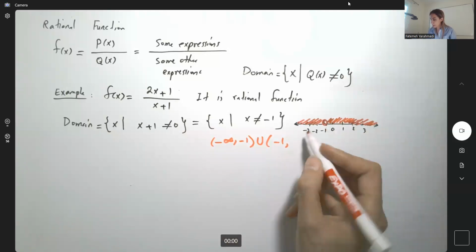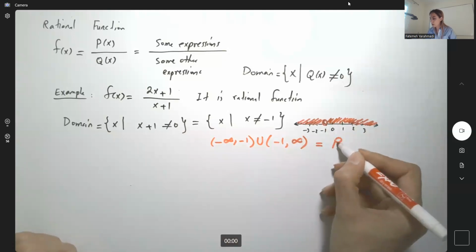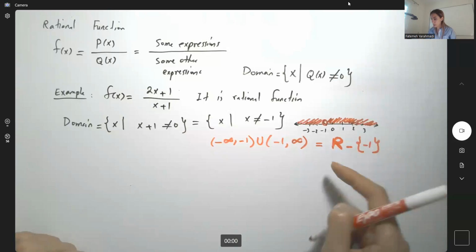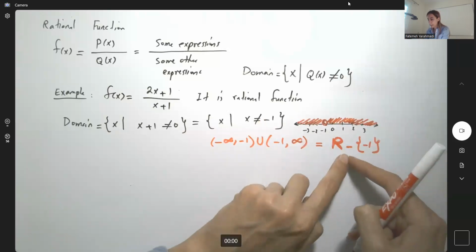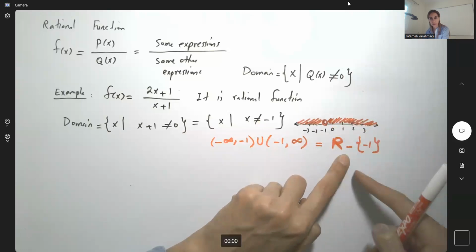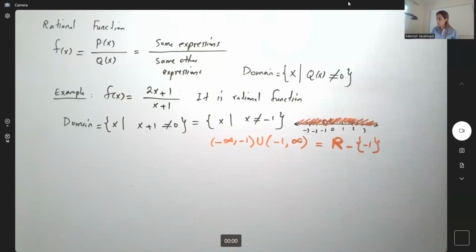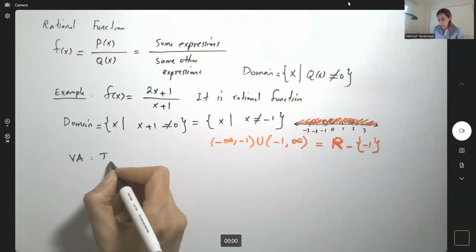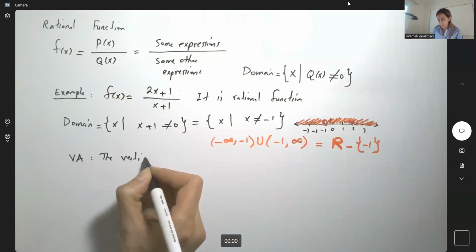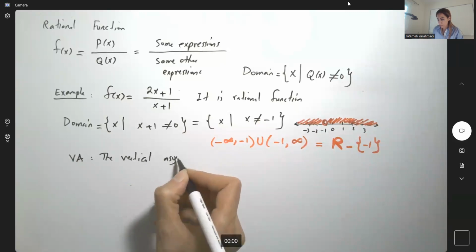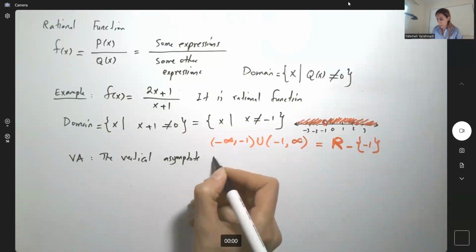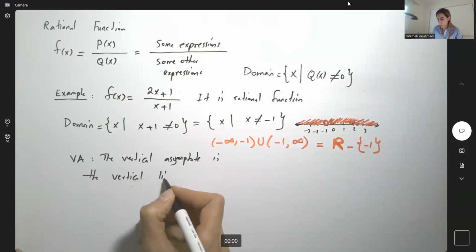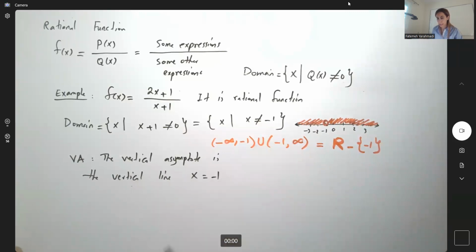Sometimes they write it this way: you have all real values except -1. All of the real line minus -1. You're excluding -1. Okay, now for the vertical asymptote. The vertical asymptote is the vertical line x equals -1.